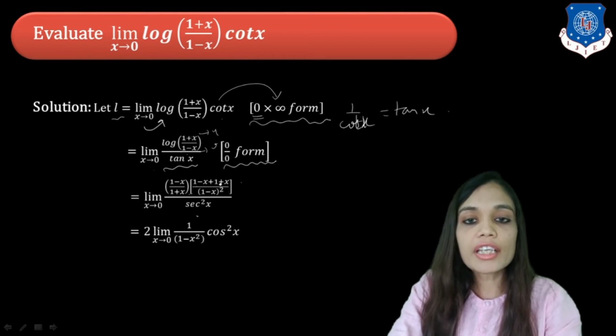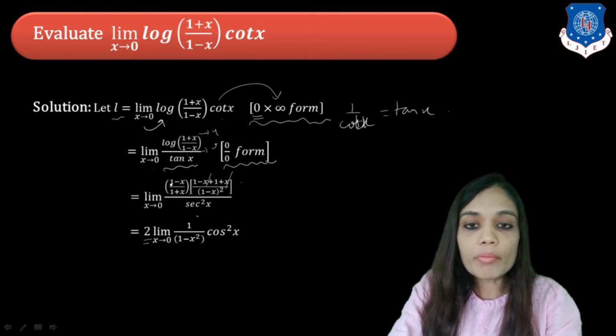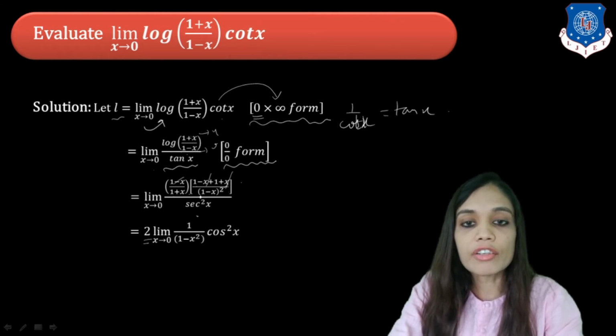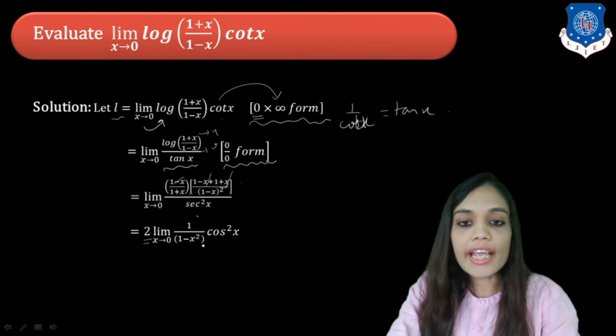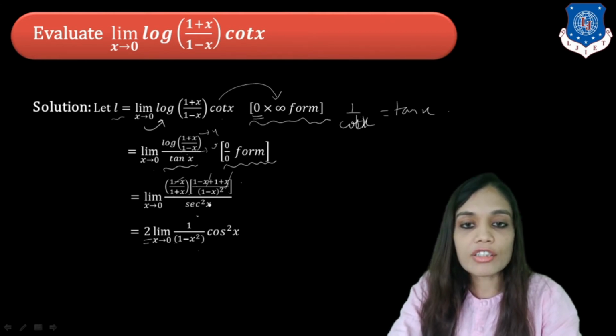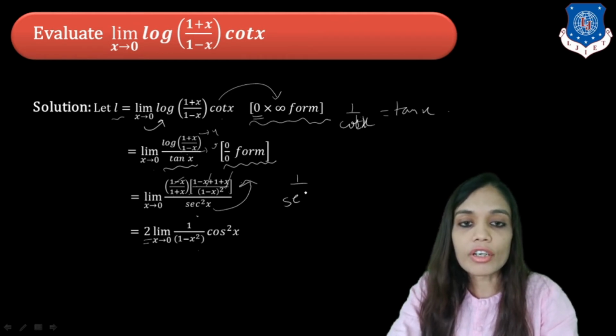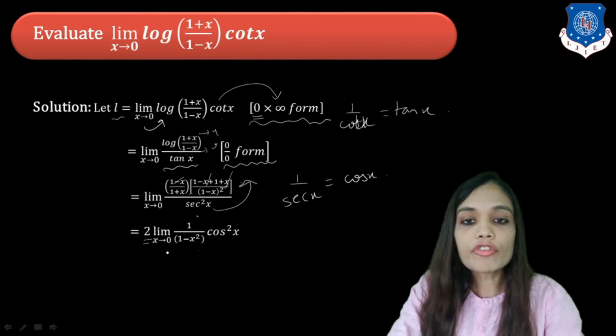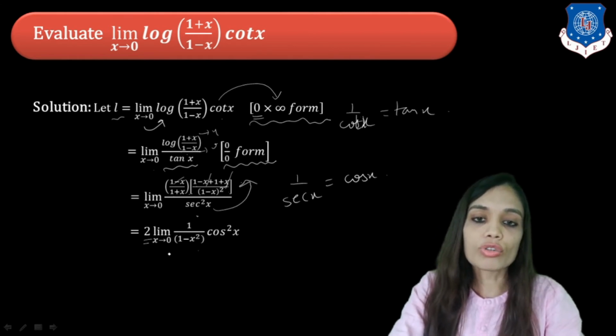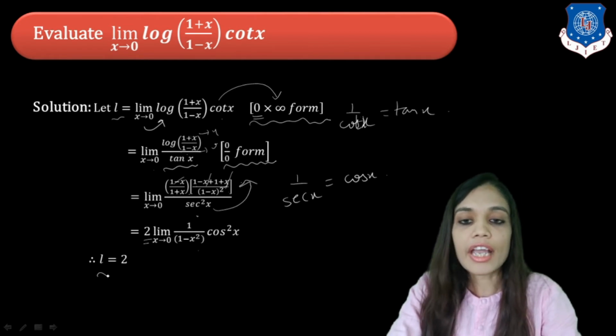So on simplifying you will get this x gets cancelled out, 1 plus 1 is 2. So we are keeping it outside and 1 minus x gets cancelled out. So finally what is remaining? 2 cos square x upon 1 minus x square. We have taken this in the numerator by taking 1 upon sec x as cos x. Okay, now if you put x tends to 0, you will get your answer as L is equal to 2 because cos 0 is equal to 1.